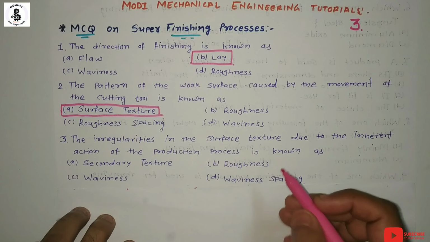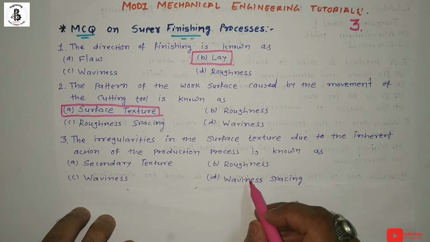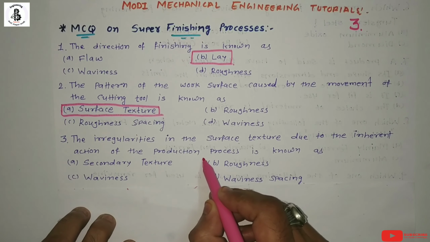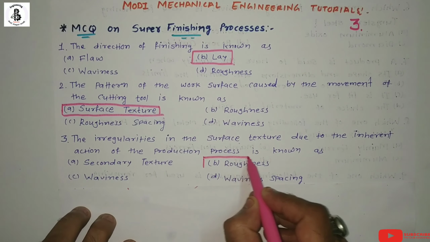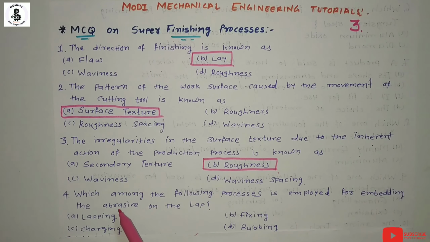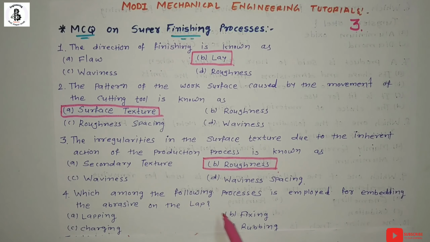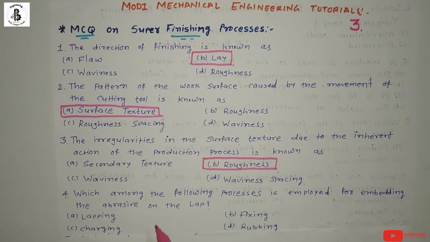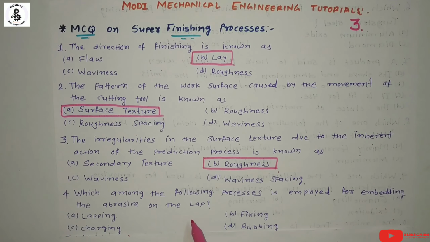The irregularities in the surface texture are called roughness. So the option B, roughness.